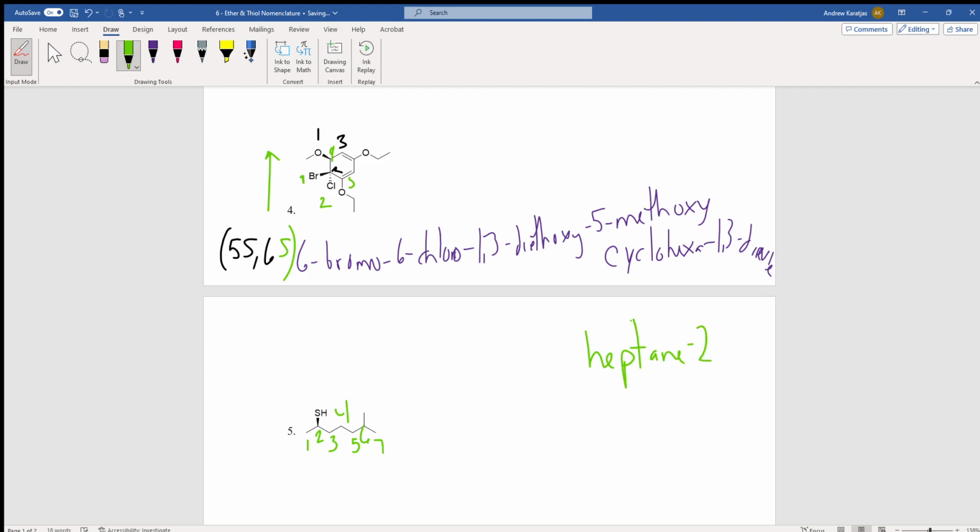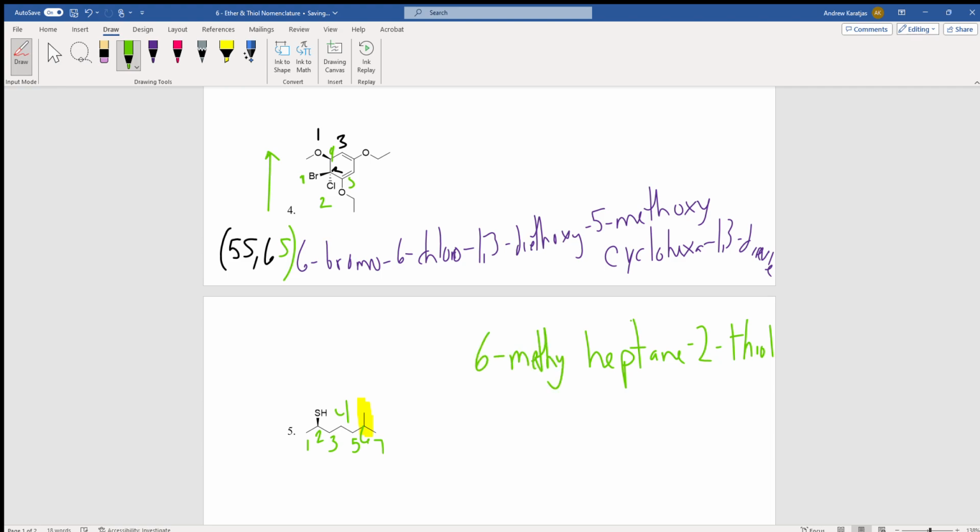Thiols have probably the easiest name once you're adding them into the parent. Just call them thiol. And the 2, of course, indicates that that thiol is on the second carbon. In addition to that, we do have another substituent. We have this methyl group at carbon 6.